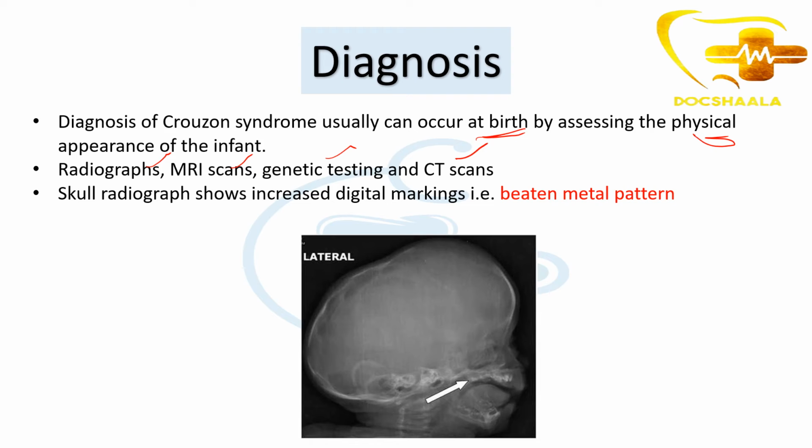The skull radiograph shows increased digital markings, that is the beaten metal pattern, which you can appreciate here. The skull looks as if someone has beaten the child abusively, so it is the beaten metal pattern. You can also appreciate the high arched palate here.